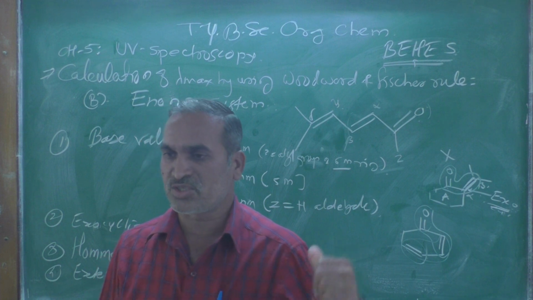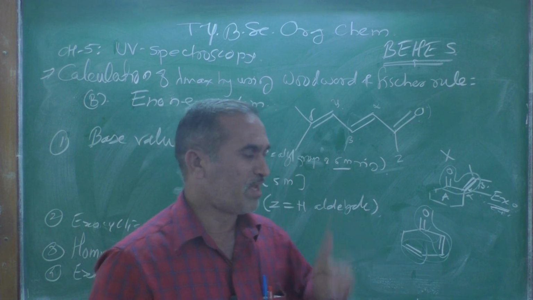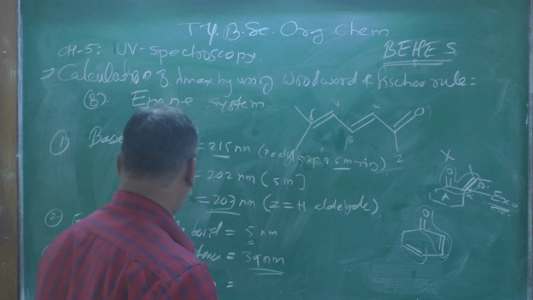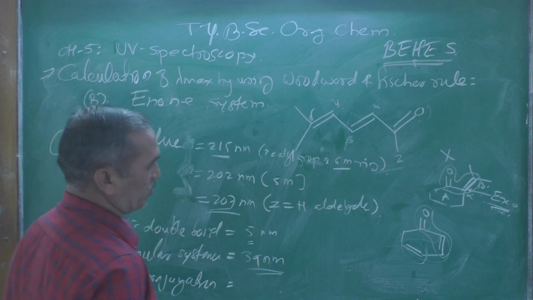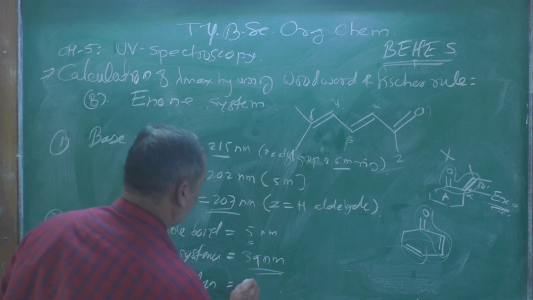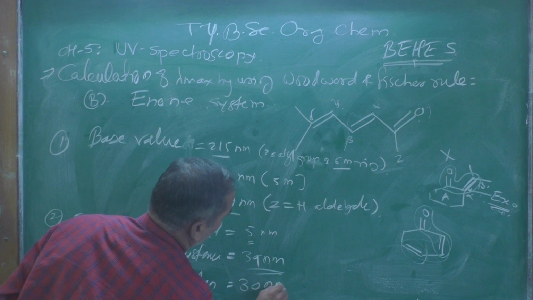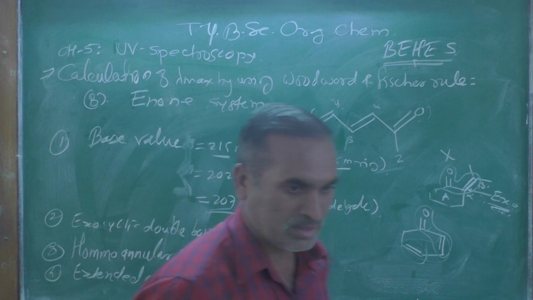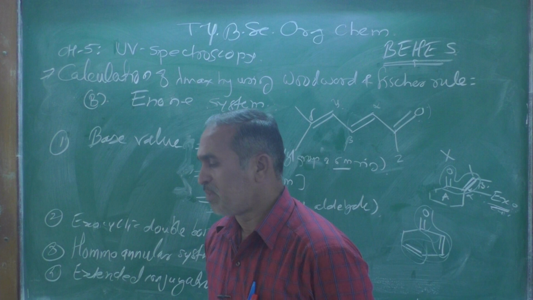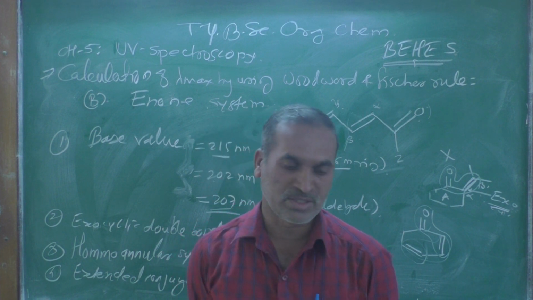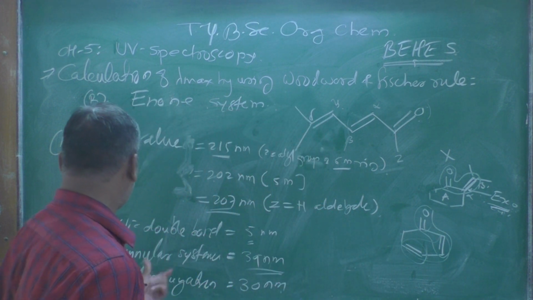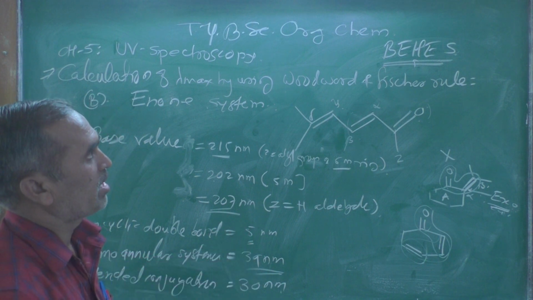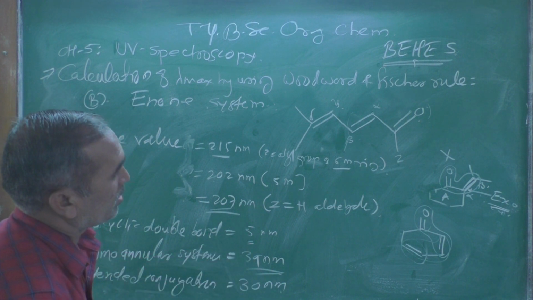If you observe this structure carefully, you will find there is one extra double bond present, and therefore we can add 30 nanometer to it, as usual, similar to a diene system. Remember, this is the extended conjugation, add 30 nanometer to it.